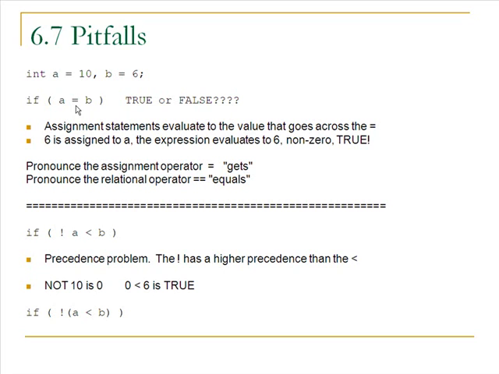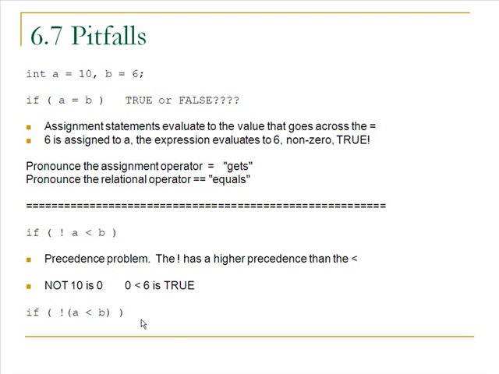Well, an assignment statement evaluates to the value that goes across the assignment. So 6 is assigned to A, and this expression A gets B evaluates to 6. 6 is non-zero, which is true. So this is a very difficult bug for you to see. When you look at it, you see what you want it to be instead of what's actually there because of these gets versus equals operators that are so similar.